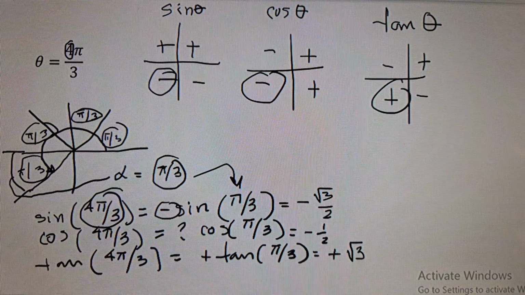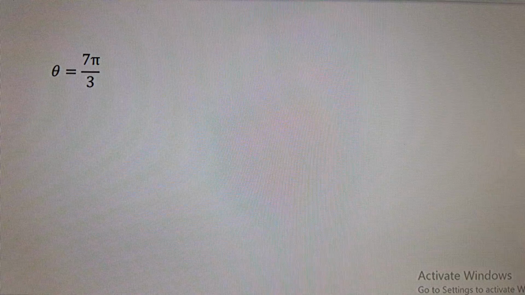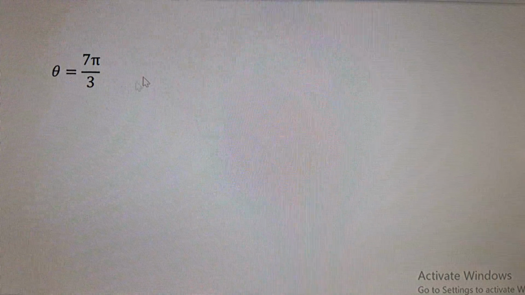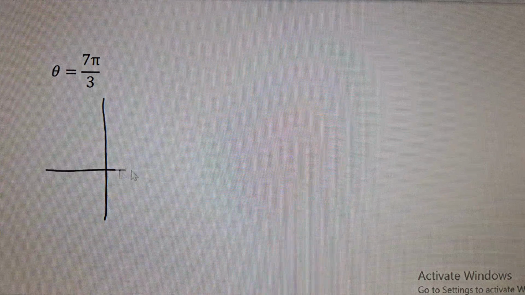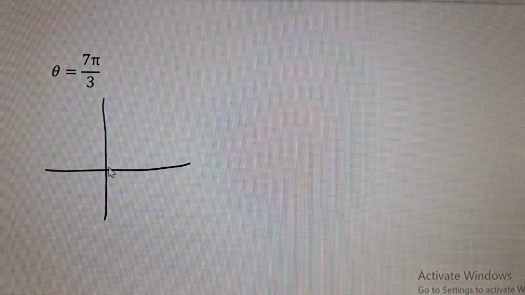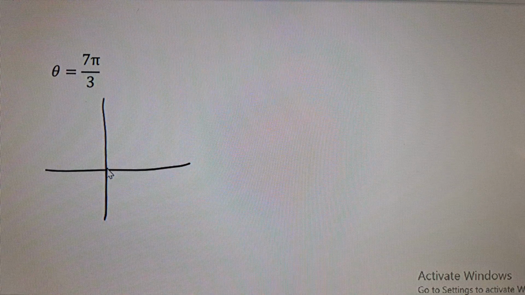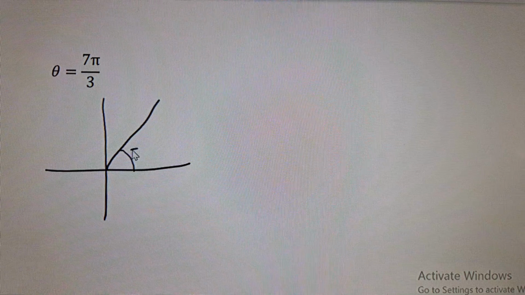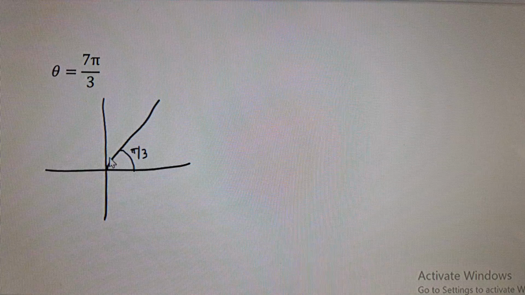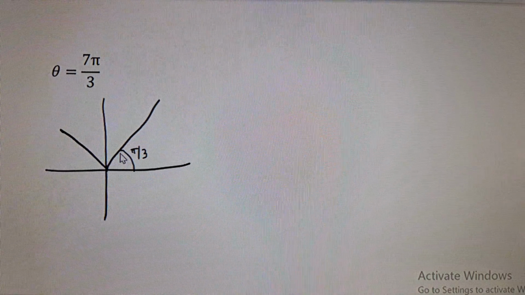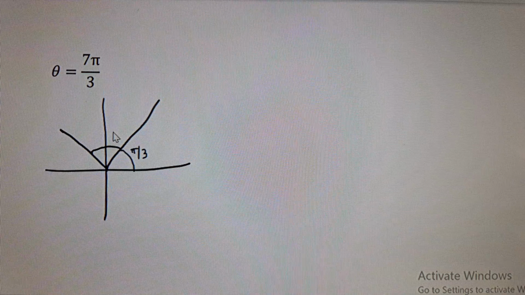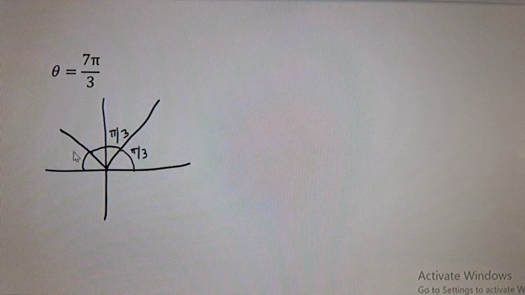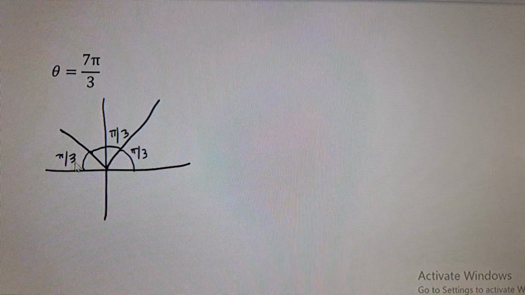Let's go to our last example. Locate where 7 pi over 3 is. Well, we have that's pi over 3. We have another pi over 3. Another pi over 3.